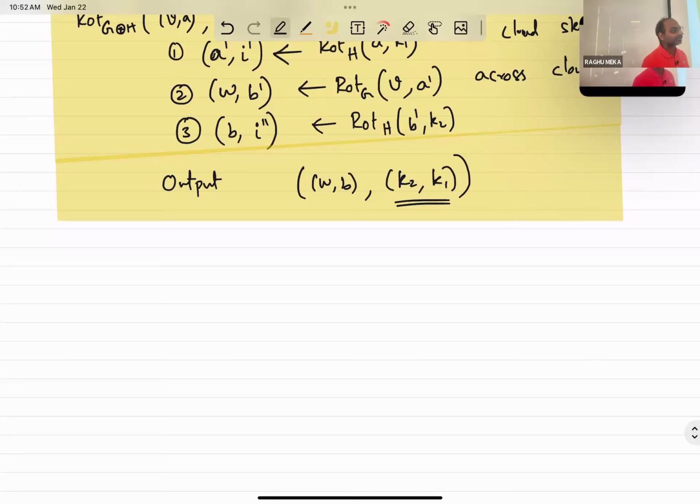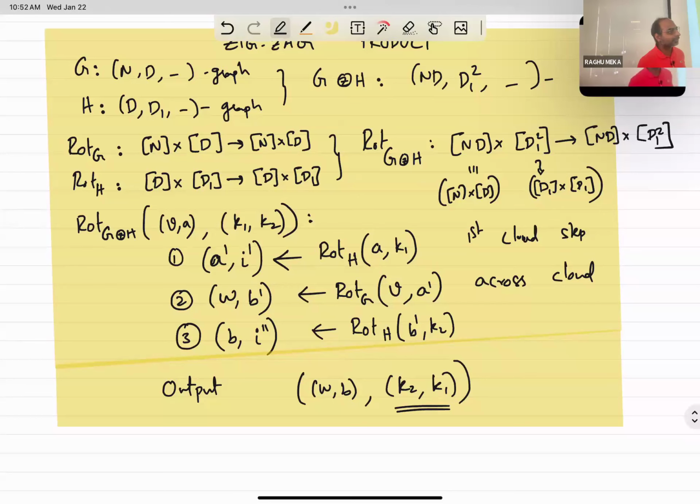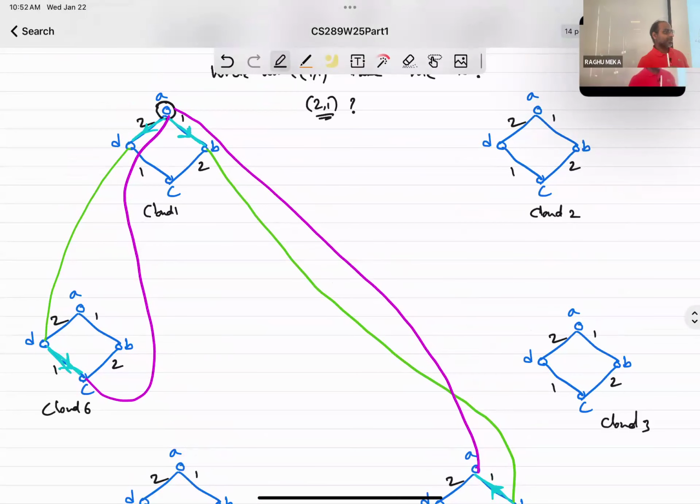Why did we use the H rotation map for the first cloud step and not B? Because we are taking just a step within the cloud. As I said, intuitively it seems weird to do this, but the conceptual idea is that somehow we want to define the edges so that my final graph is very well connected.